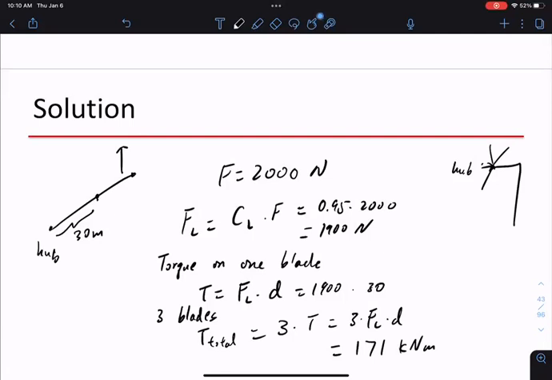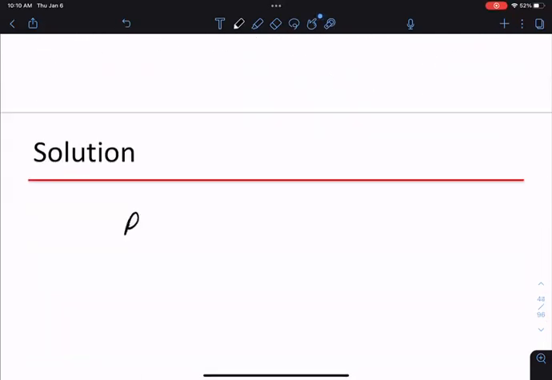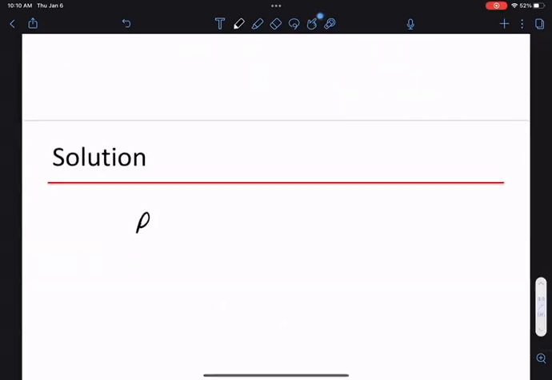And how about the power? What about power? How do you relate torque to power? This is the power that eventually gets converted, once you go through a generator, to electric current, right?